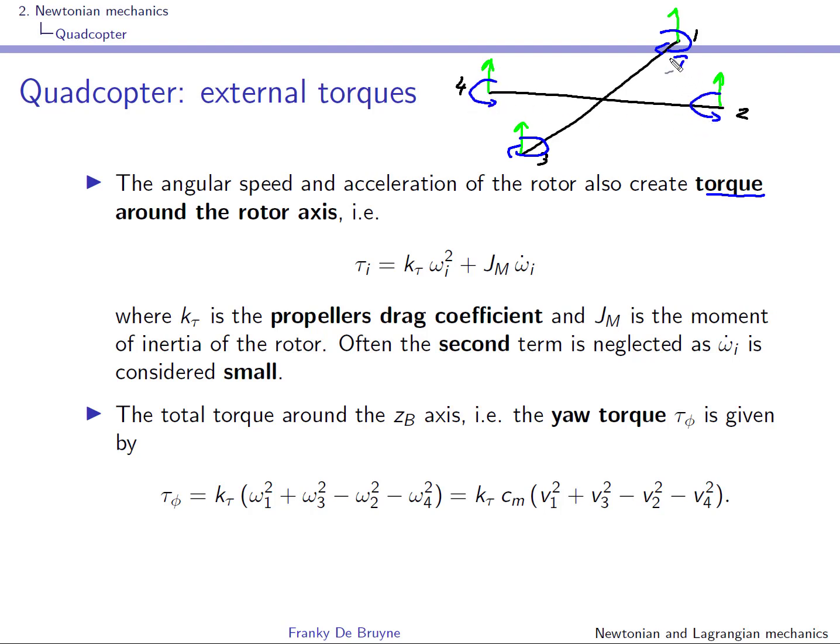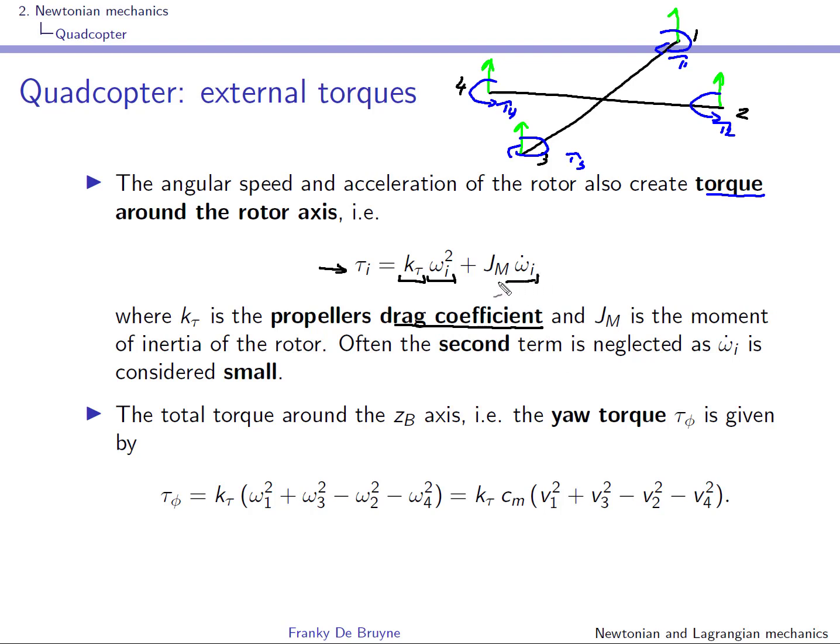So this is tau 1, this is tau 2, tau 3, and tau 4. You can show that each torque around the rotor axis is also proportional to the speed of the rotor, but the constant in front is different. Previously for thrust we had kt, and here we'll call this constant k tau, and it's what is called the propeller drag coefficient, right?